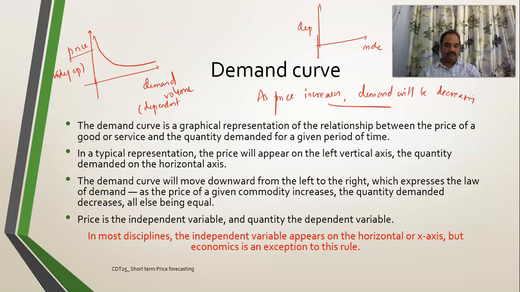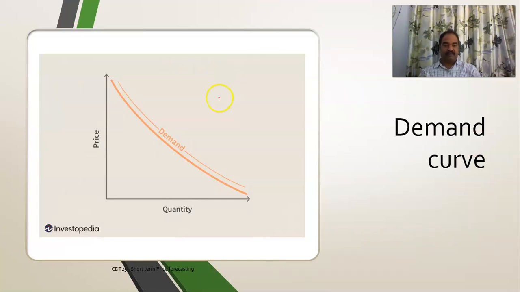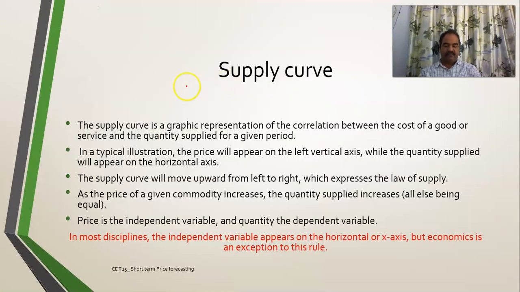On the other hand, the supply curve is also a graphical representation. You have price on the vertical axis, which is the independent variable, and supply volume is the dependent variable.